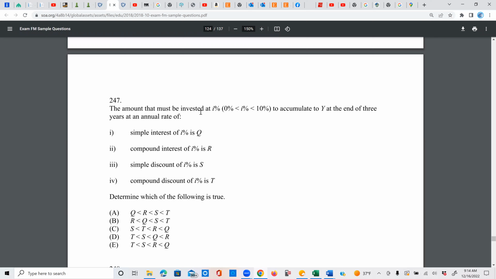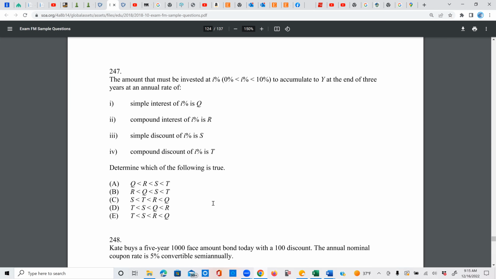The amount that must be invested at i%, where i% is anything between 0% and 10%, to accumulate to Y at the end of 3 years: at simple interest, the investment is Q. At compound interest, the investment is R. At simple discount, the investment is S. And at compound discount, the investment is T. Determine the relationship between the 4 different kinds of investments.